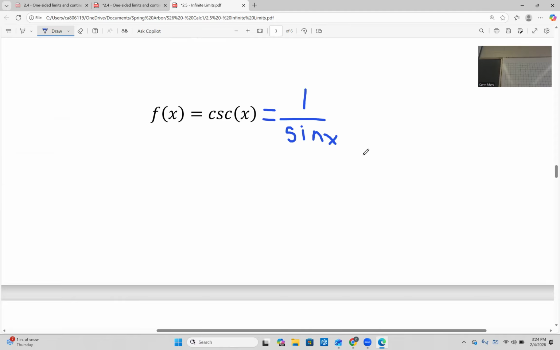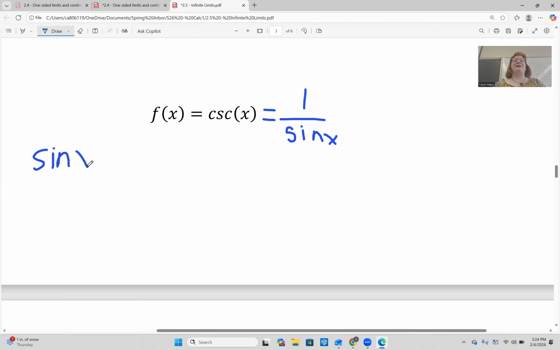All right. So, there's not really a way to rewrite this to make us not divide by 0 occasionally. But we're going to end up dividing by 0 because sine of x can be 0. When can sine of x be 0?